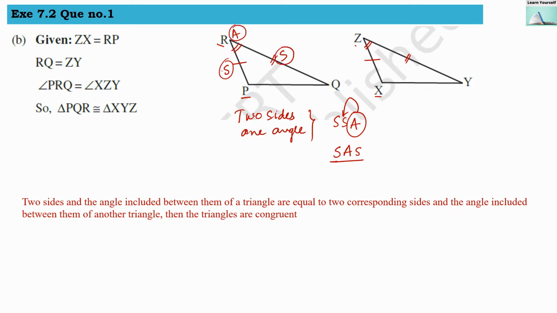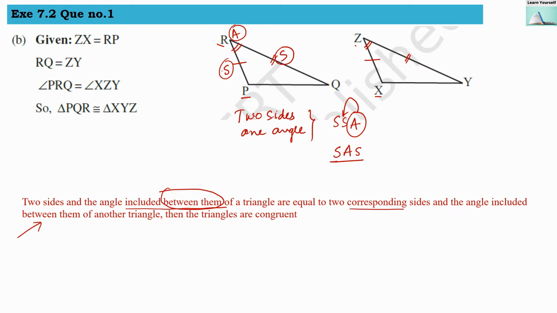So this is as per the side angle side criteria, in which two sides and the angle included between them of a triangle, included between them meaning the angle should be in between the two sides, are equal to two corresponding sides and angle.